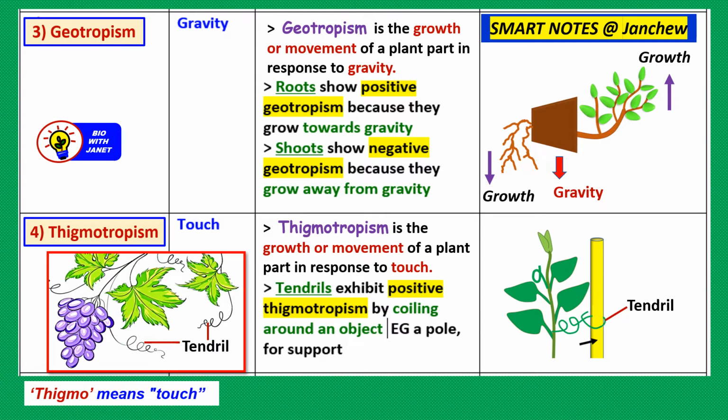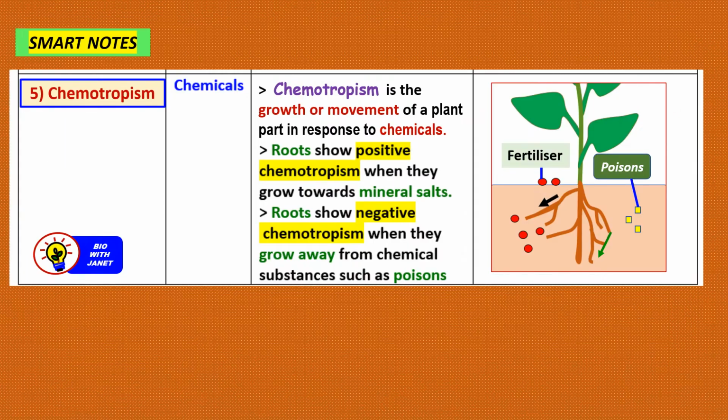So next, let's go on to the last example of tropism. The last example of tropism is chemotropism. The stimulus is chemicals. Chemo is related to chemicals. So chemotropism is the growth or movement of a plant part in response to chemicals, such as fertilizers and poisons in the soil.